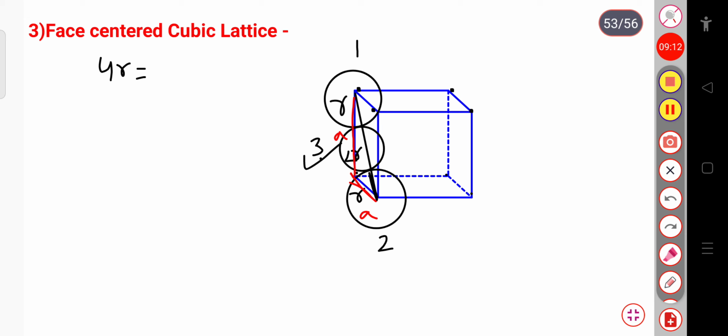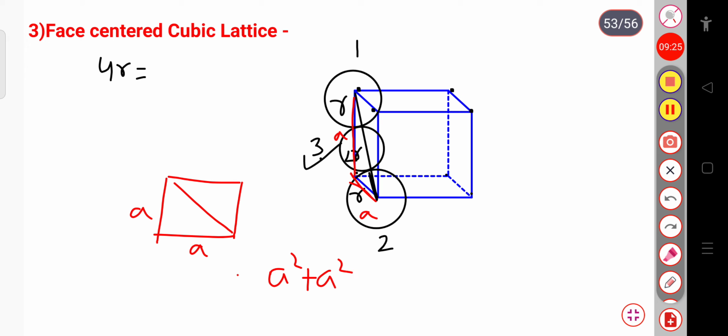So in this diagram, this is my cubic lattice, this side is a and this side is a, so this will be root over a square plus a square, so that will be root over 2a square, or simply root 2a. So here this is root 2a, so 4r equals root 2a.